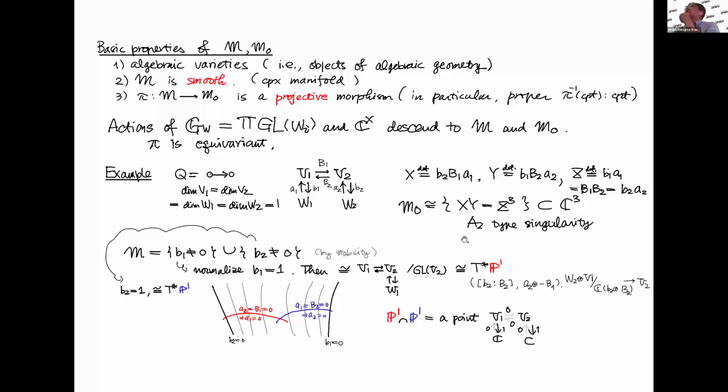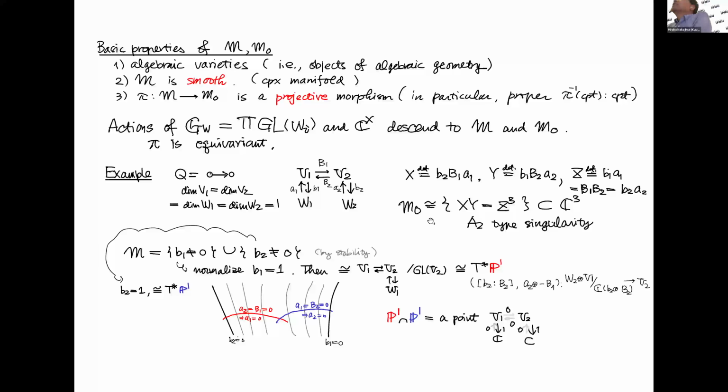And this is the famous A2 type singularity. This is not an accident. This A2 singularity appears from this A2 quiver, so this quiver is called the A2 quiver. If you consider the quiver variety for the A2 quiver, you get this A2 singularity. This can be generalized. You can identify the categorical quotient for AN more generally with the AN type singularity.